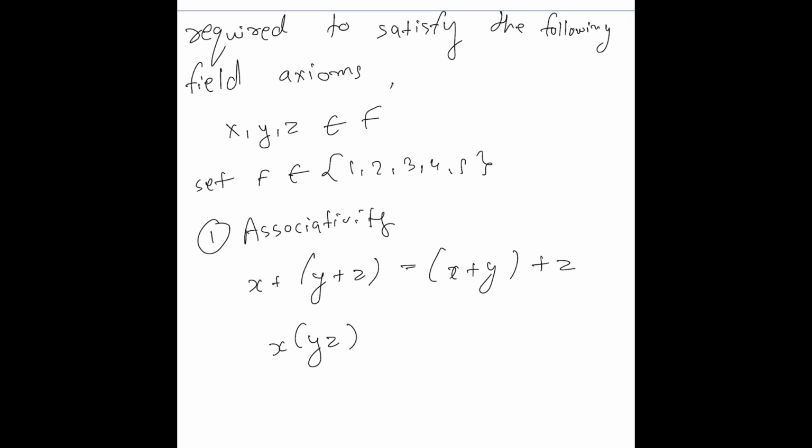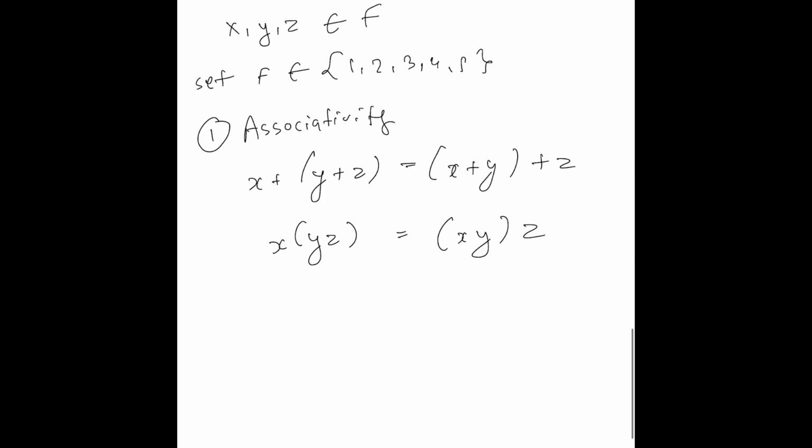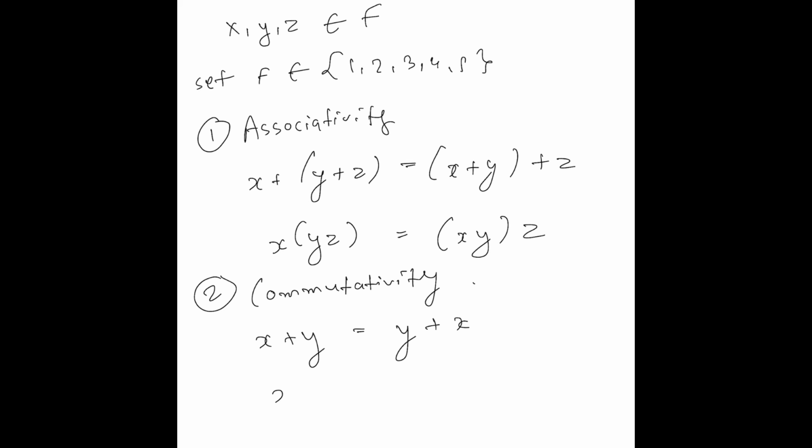This is the first axiom. The second one is commutativity. This is x plus y equals y plus x, and xy equals yx. Good.